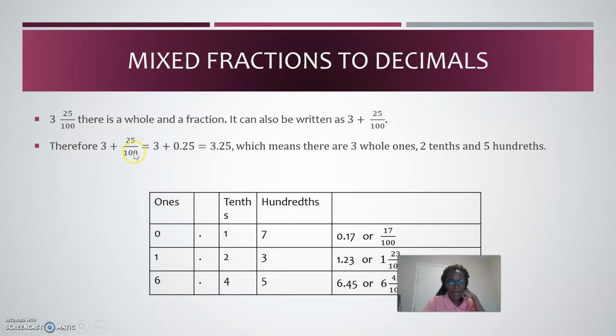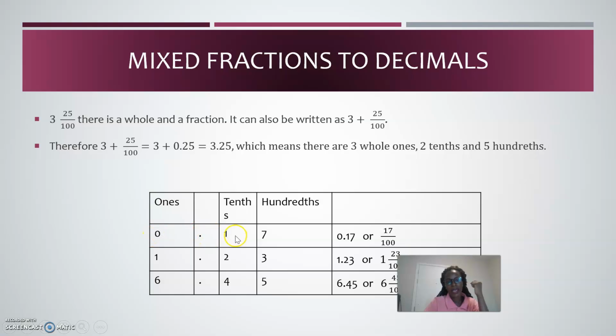If you have a number over 100, you take the decimal point from here and bring it between 2 and 5. Then this 0 cancels this 0, and you take the decimal point from between 2 and 5 to before the 2. Where the zeros end, that's where you put your point. You put your point here and then 0 point. So that's why you have 0.25. So the answer for this should be 3.25.